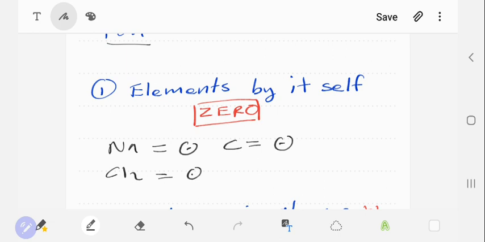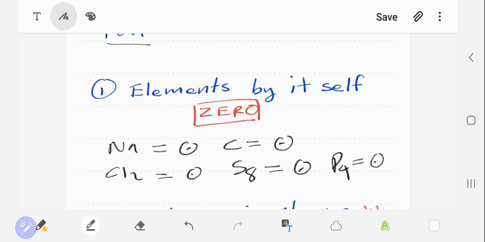S8 has 8 atoms combined, but sulfur by itself is also 0. P4, phosphorus 4, is an element, so it's also 0.